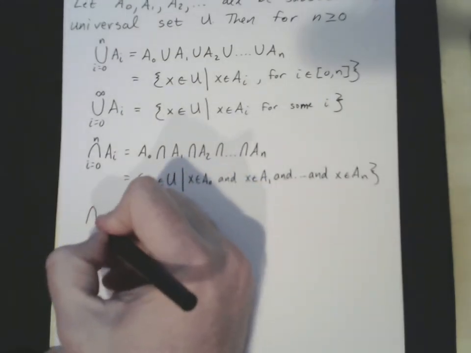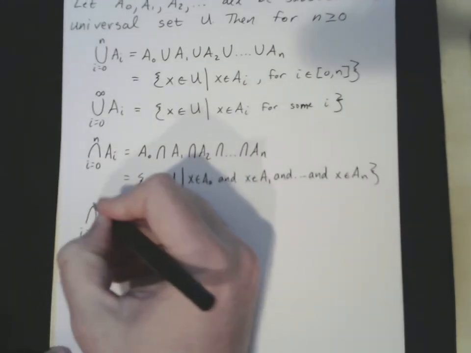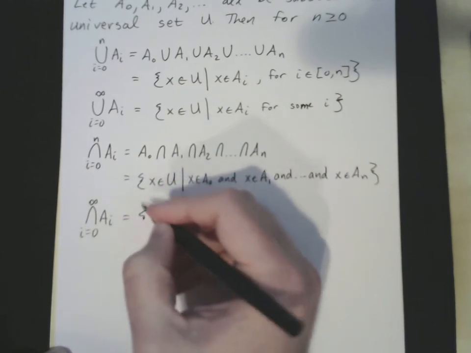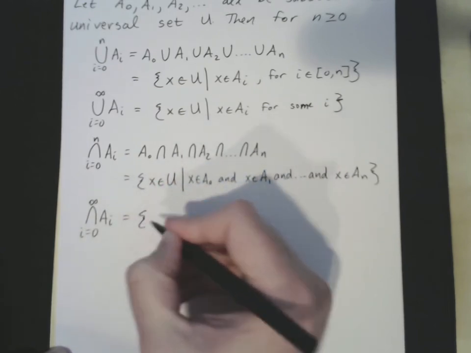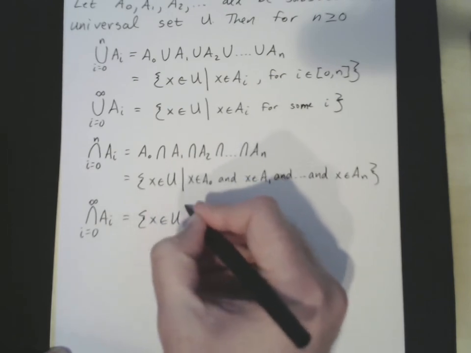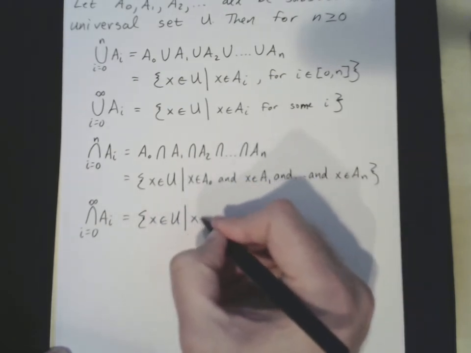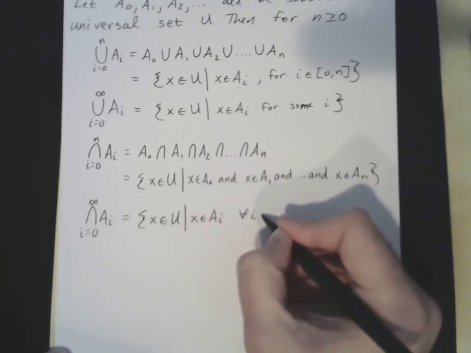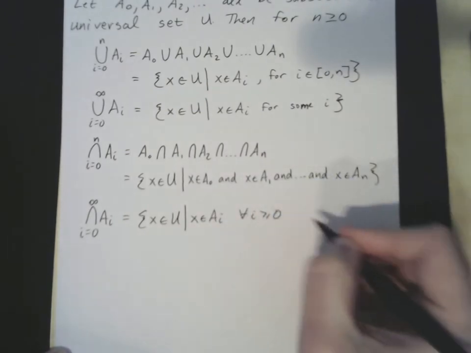And again, we can take an infinite intersection from I equals 0 to infinity of A sub I. This is the set of x's coming out of our universal U, such that x is in A sub I, and this is for all I that are greater than or equal to 0.